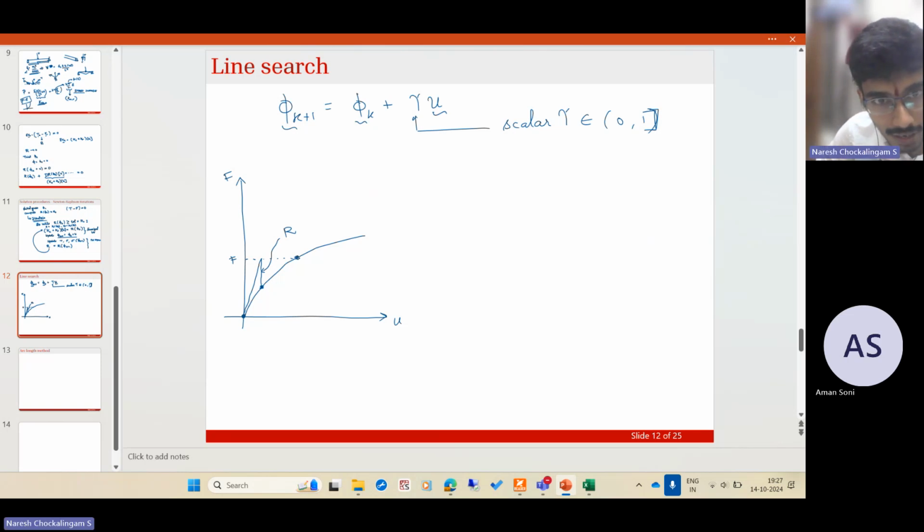But this is the point where residual is equal to 0 and F internal is equal to F external. So at a point we draw a tangent, find the force residual, and see what should be the increment, right?